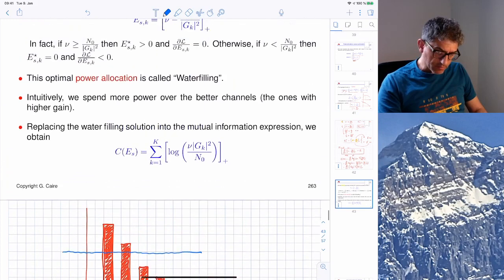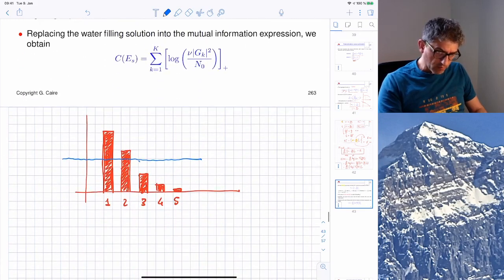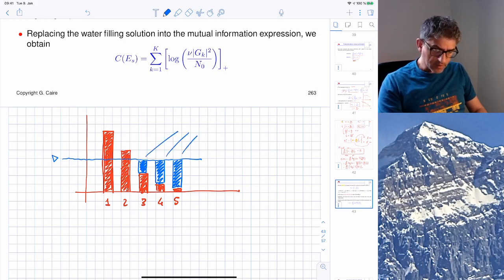So what is the sum of the differences? It will be the sum of this level plus this level plus this level, right? And we want the sum of these three to make total ES.